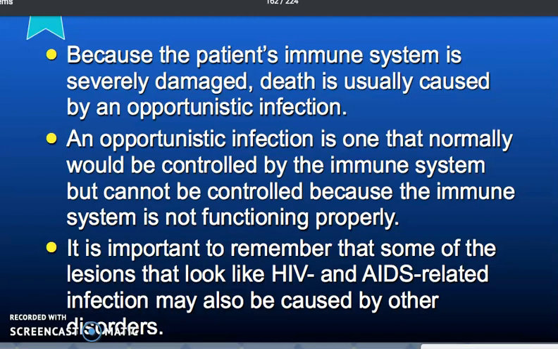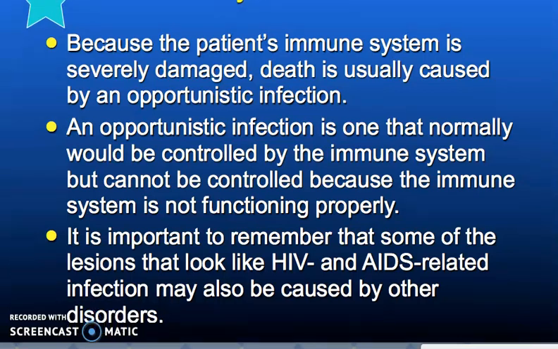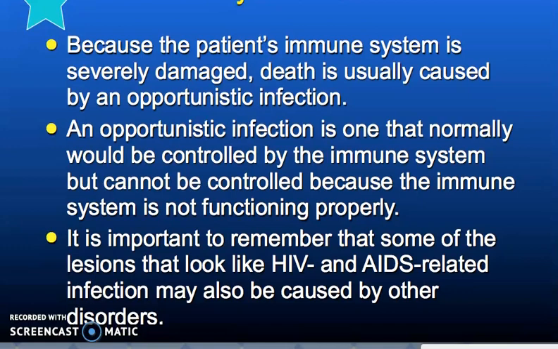Now, an opportunistic infection would be an infection where just being around someone is an opportunity to pick up some type of infection. Just anything minor would attack their immune system. It's normally controlled by the immune system, but in this case, it would not be.